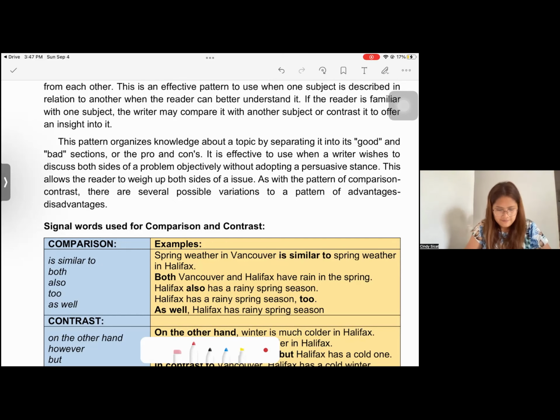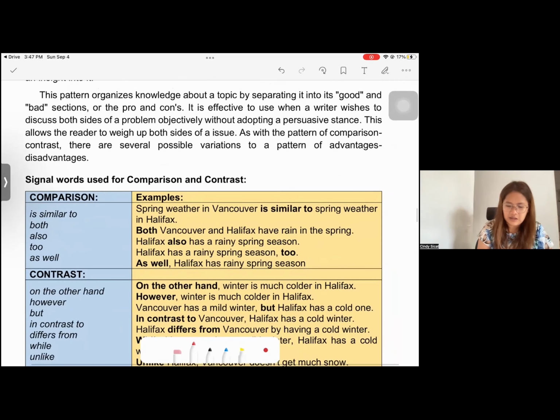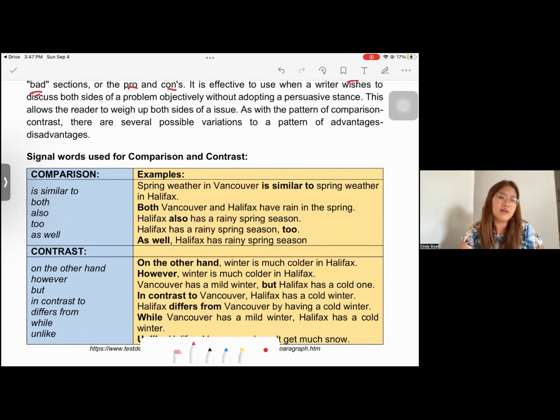Okay? So this pattern organizes knowledge about a topic by separating its good and bad sections, or the pros and the cons. So it's effective to use when you as a writer wish to discuss both sides of a problem. And usually that's better because you will present both sides.